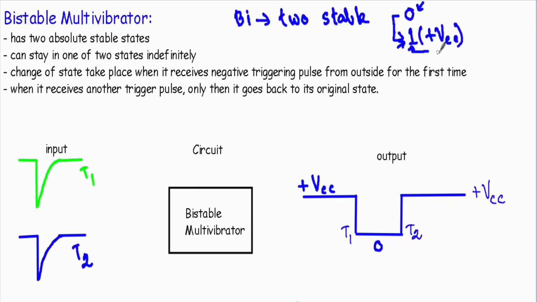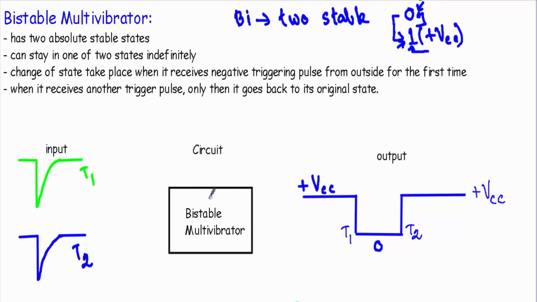If I apply an additional triggering pulse, our output will have another transition from 1 to 0, and it will be stable in that state. That means it will give us output voltage equal to 0 volt for indefinite time.